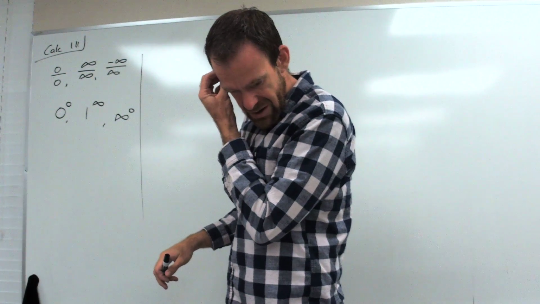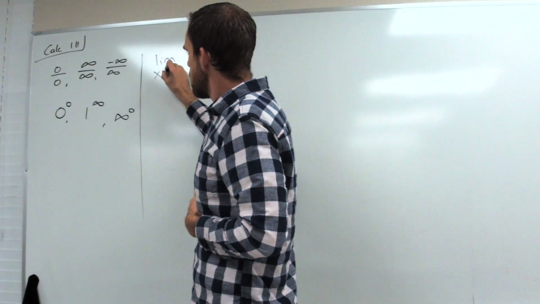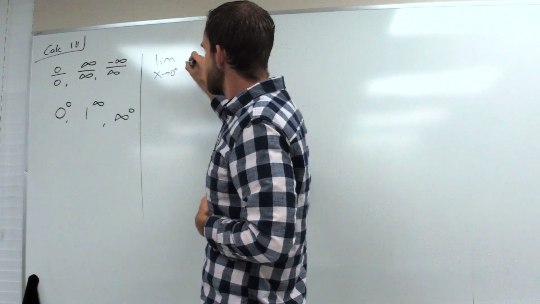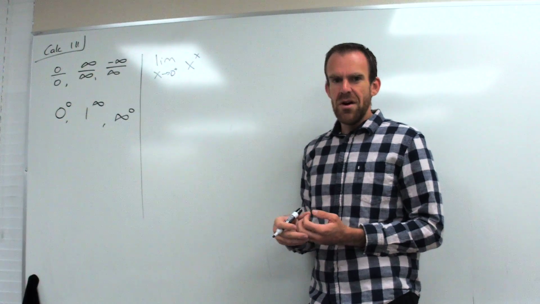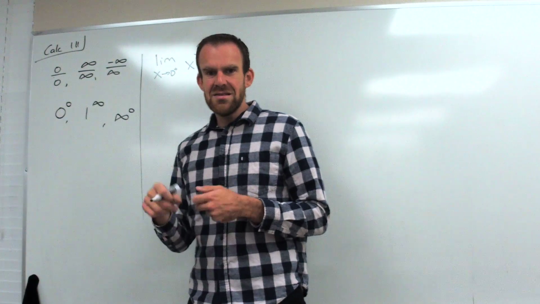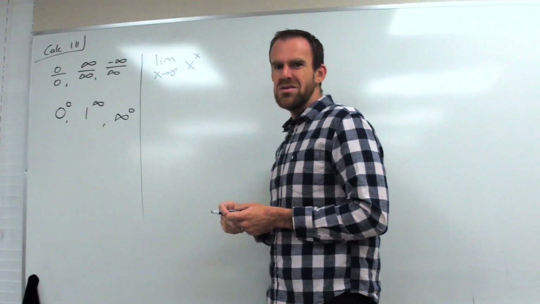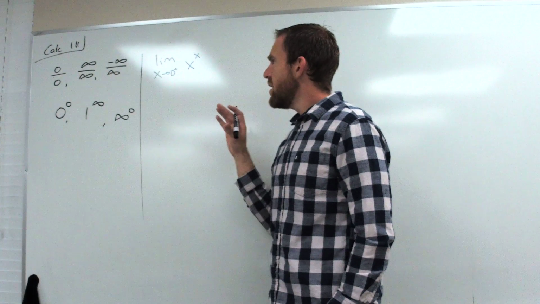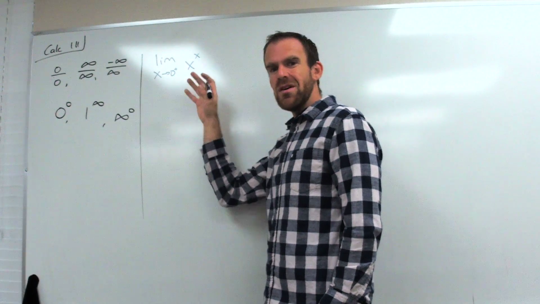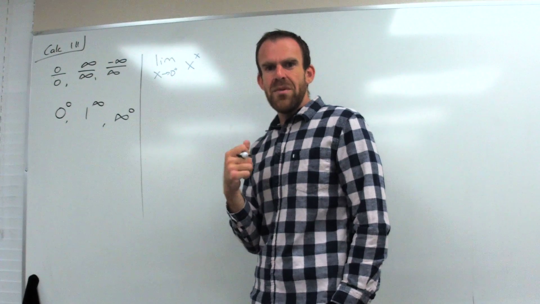We have the limit as x approaches 0 from the right of x to the x. So right now I have 0 to the 0. It isn't necessarily 1. We have to be able to prove that out. Just because it feels right doesn't mean that it's necessarily correct. And so the trick we're going to do here to get rid of the exponent is to actually take the ln. Why?